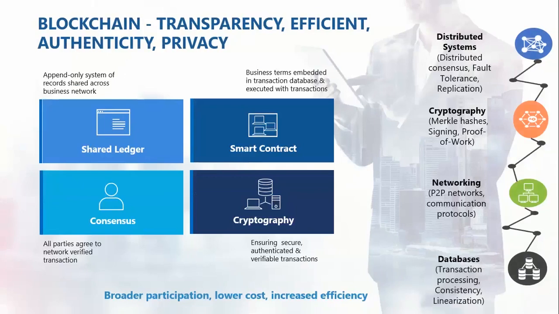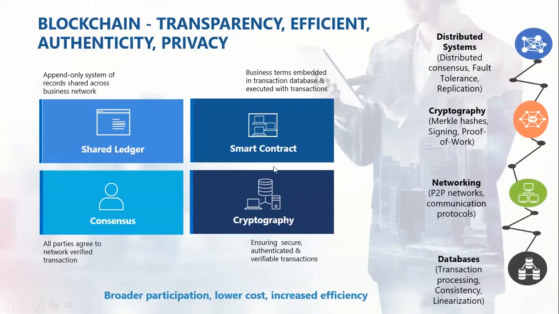Let's begin with shared ledger. This is the core of any blockchain framework wherein the data is stored in a ledger, exact copies of which are maintained at every node. There is no single source of truth, and much of the challenges and benefits are derived from this aspect of same data being maintained at different locations. Next we come across is the term smart contract.